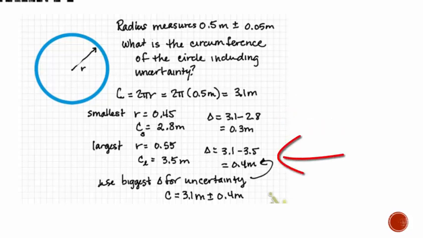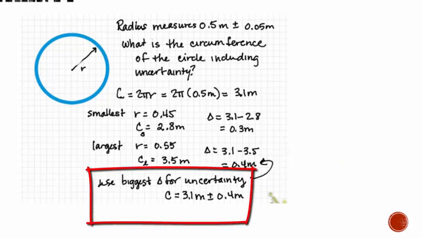And in this case, the largest radius comes up with the biggest difference of 0.4 meters. And so we want to use the biggest possible distance for our uncertainty so that we're being truthful with this. We don't want to cheat ourselves. And so the uncertainty in our circumference is 0.4 meters. So our circumference with uncertainty is 3.1 meters plus or minus 0.4 meters.